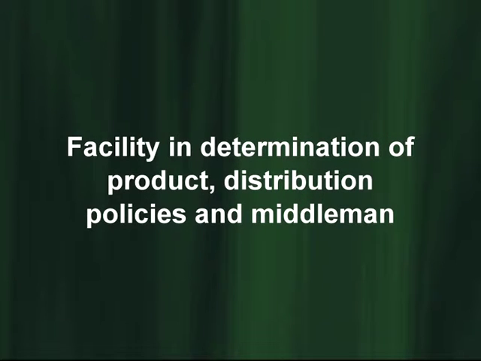Now coming to the next point, facility in determination of product distribution policies and middlemen. By studying consumer behavior, we need to understand how our customer wants the product to be delivered to him. He or she may prefer to buy and get the delivery of the product at home, maybe through the internet, or may prefer to go to a convenience store to buy the product off the shelf, looking at different varieties, sizes or quality of the product.